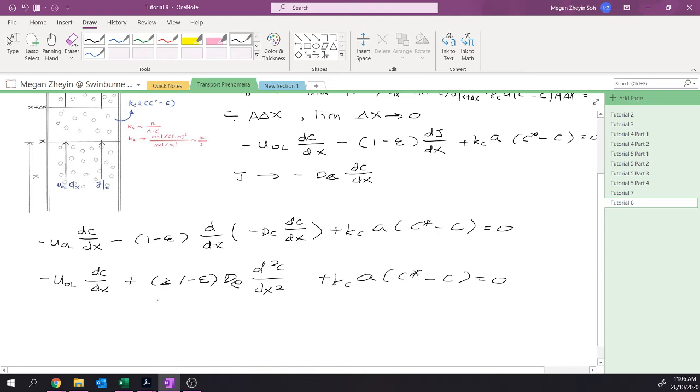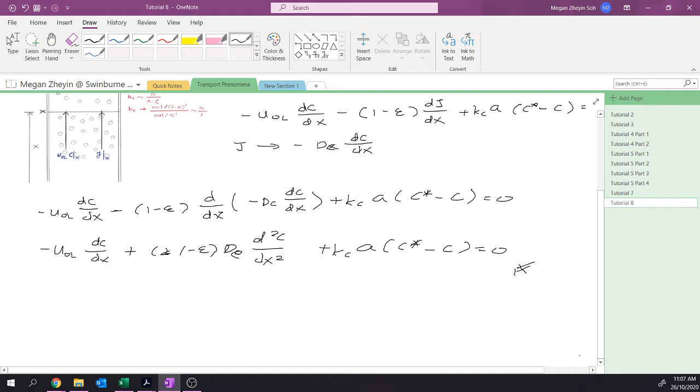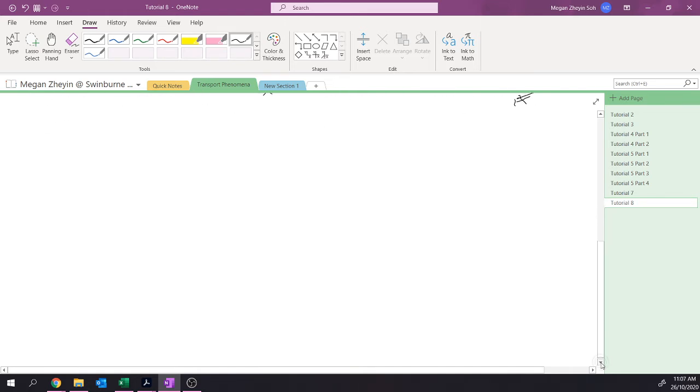Okay, then we can put the positive part to the front, and this is your profile.